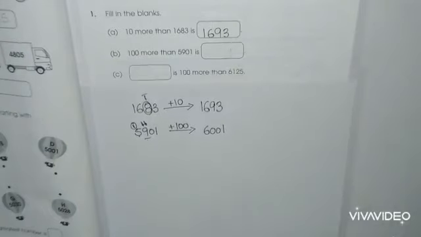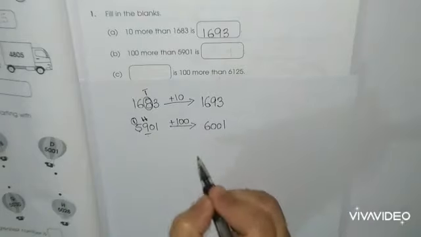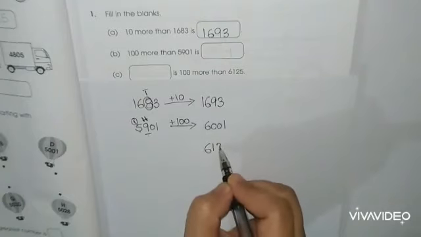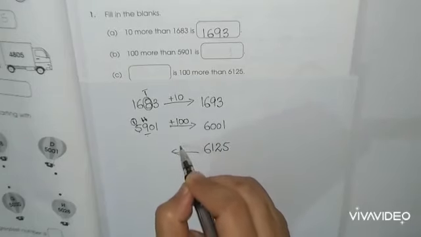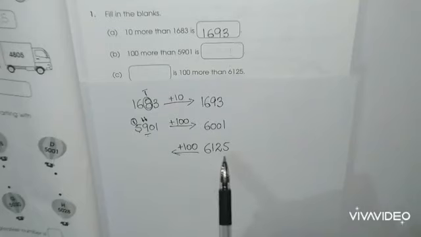C part: blank is 100 more than 6125. We'll write it like this. 100 more than 6125 is our required number.